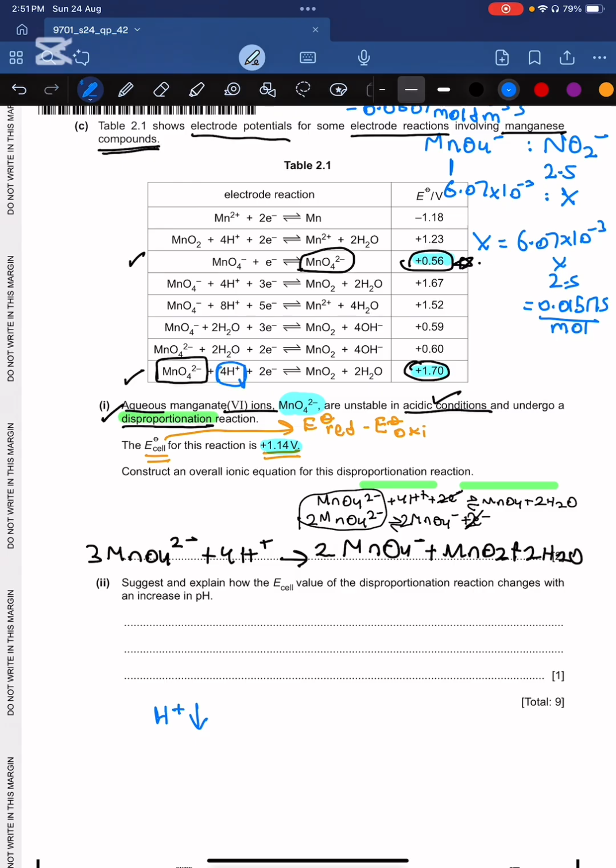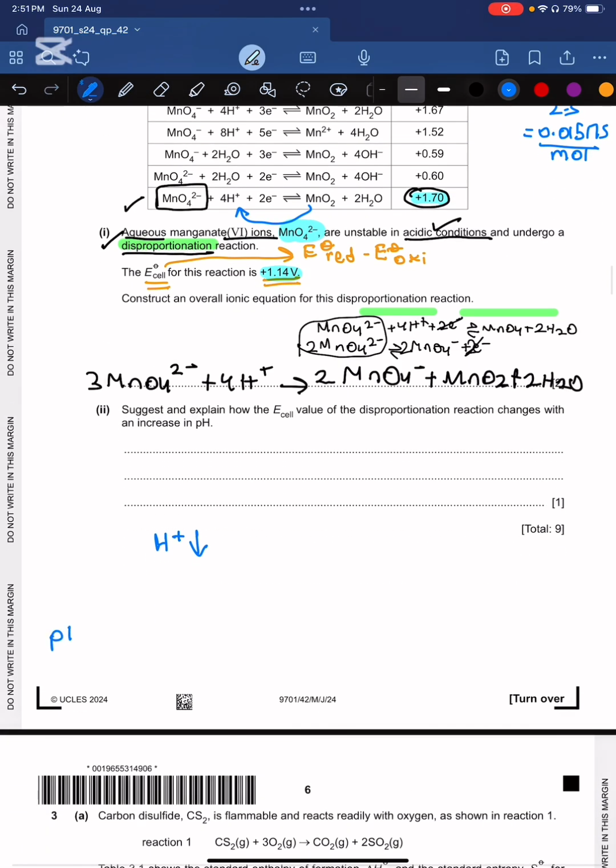If H plus ions decrease, the equilibrium, it's a reversible reaction, shifts to the left-hand side. Which reaction takes place more now? Oxidation takes place more, which means a negative E naught value, which means that this E naught value becomes more negative.